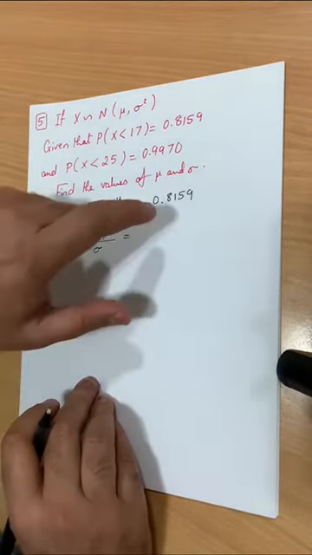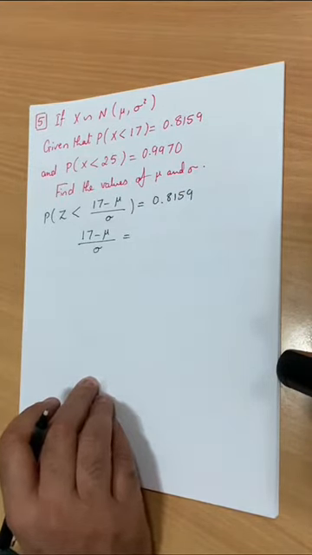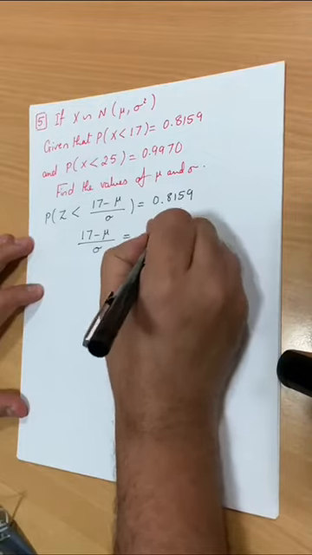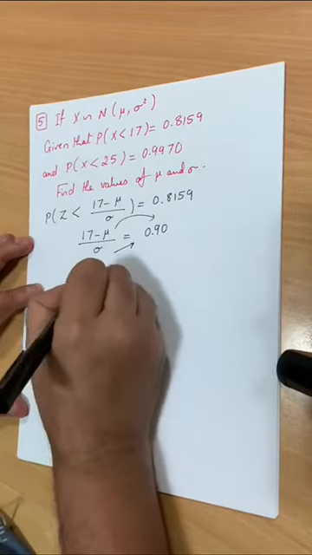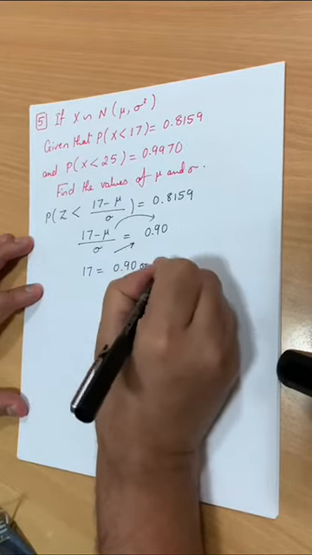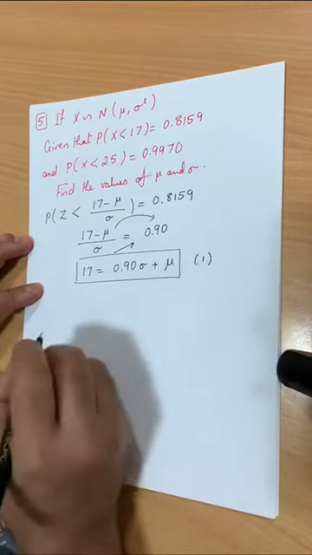Less than and table value, so this part has to take a positive sign. 0.8159 is 0.90. So do cross multiplying and move mu to the other side. So 17 equals 0.90 sigma plus mu, and we got equation number 1.